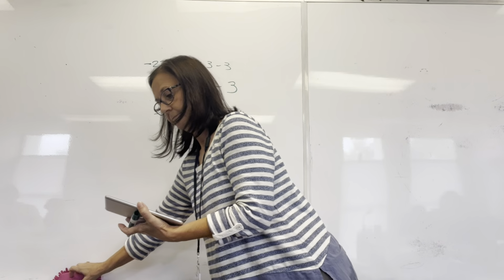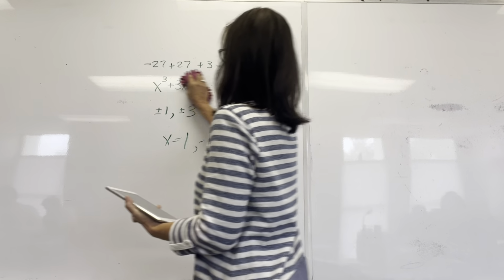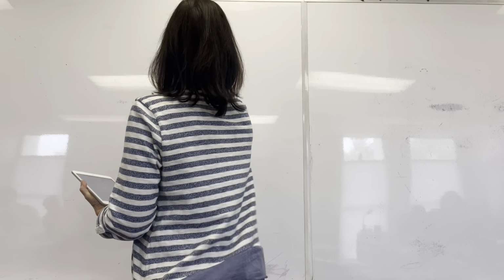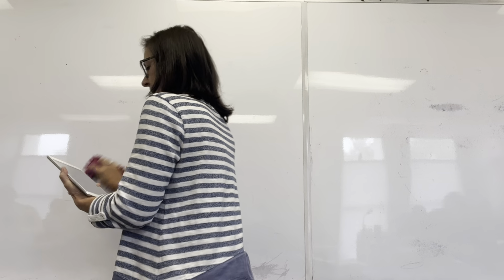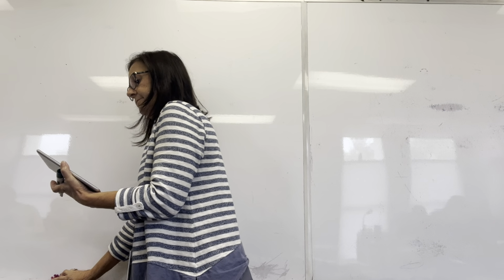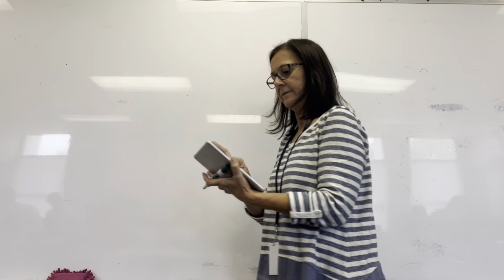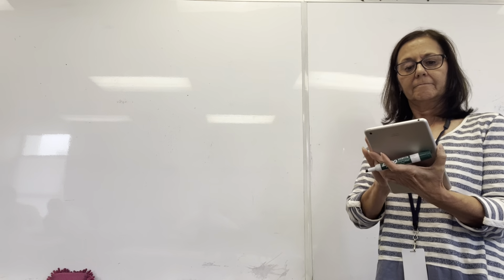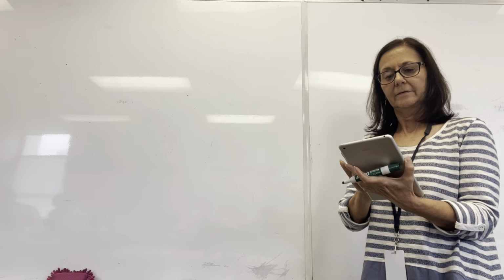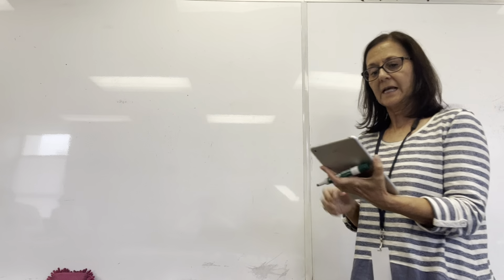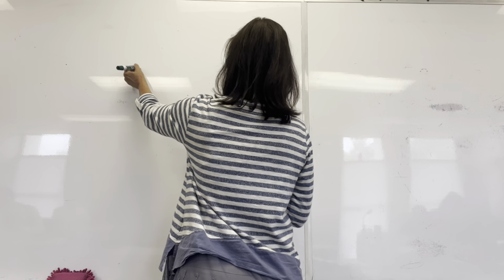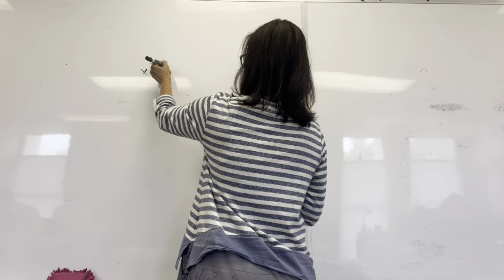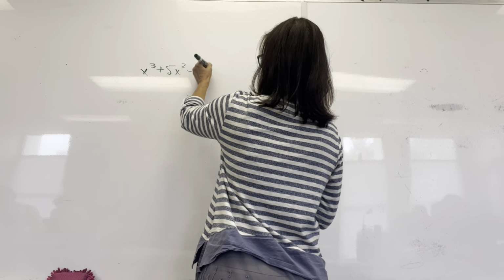All right. Next one. They already factored it for us. So it'll just be 1 and number 3. Wait, number 3. It's x cubed plus 5x squared minus x minus 5.